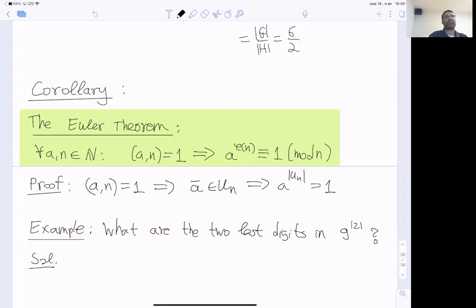Solution. So we actually want to compute this number modulo 100 because we are only concerned with the 2 least significant digits. So we don't care about the other digits. We only want to find the remainder modulo 100.